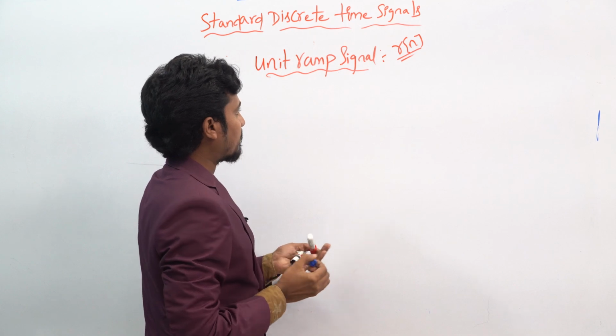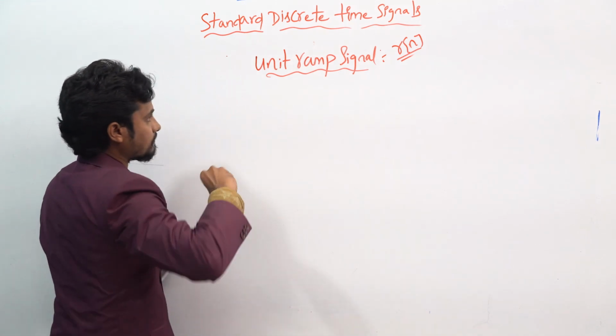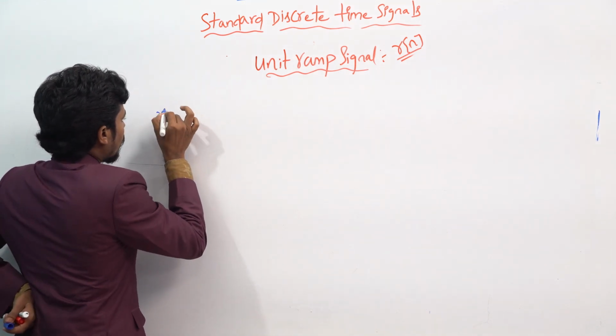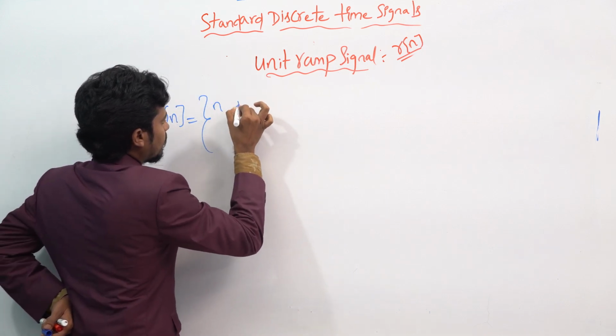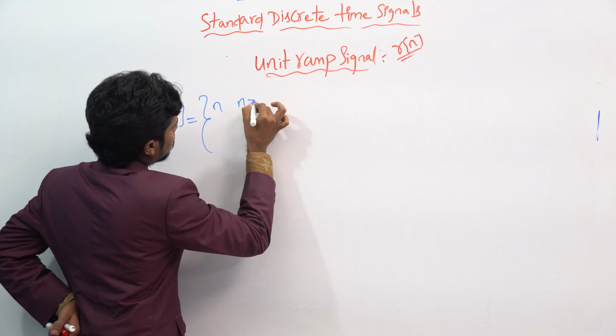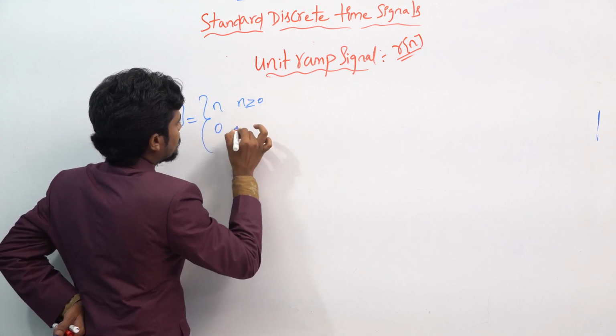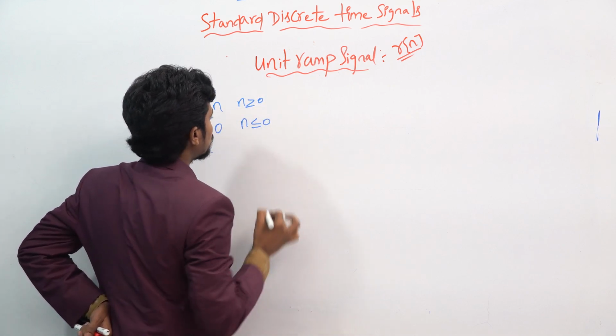So the representation is like this: r of n is equal to n for n greater than or equal to 0, and 0 for n less than 0.